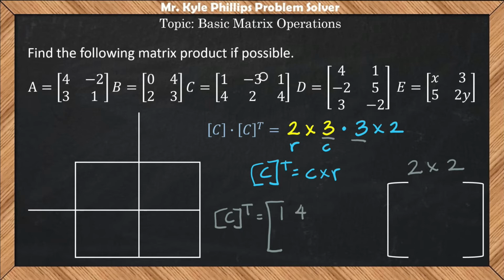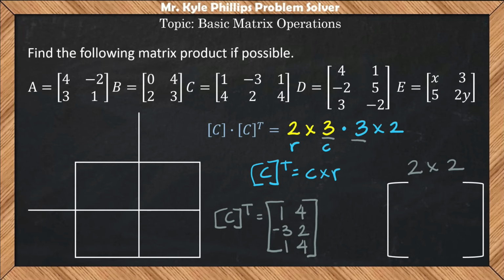My second row is going to be -3, 2. And then my third row is going to be 1, 4. You could also think about this vice versa. The first row, 1, -3, 1, becomes the first column, 1, -3, 1, and then row 2 becomes column 2.